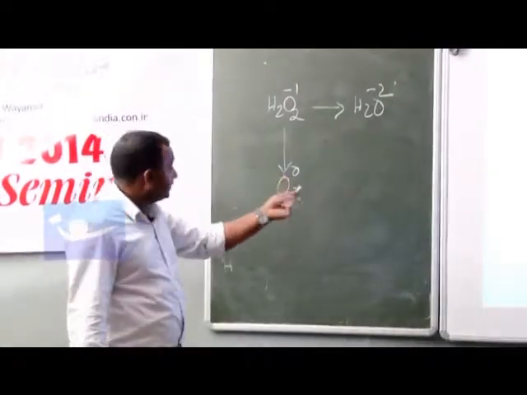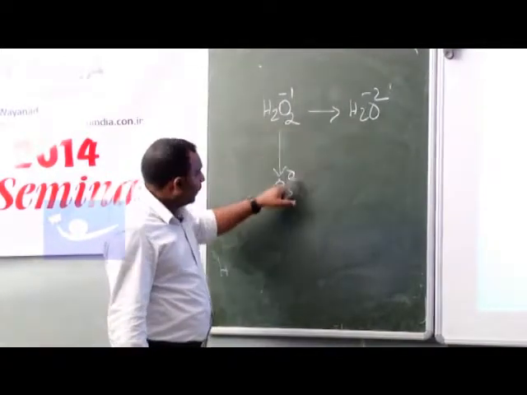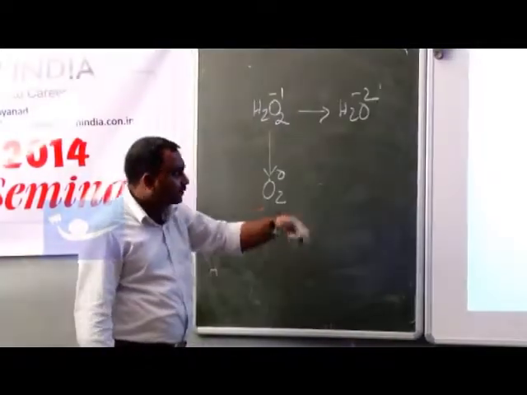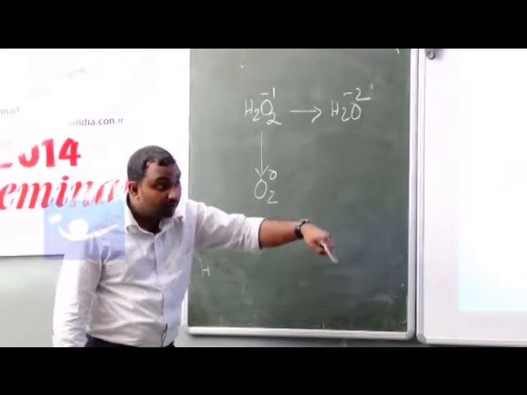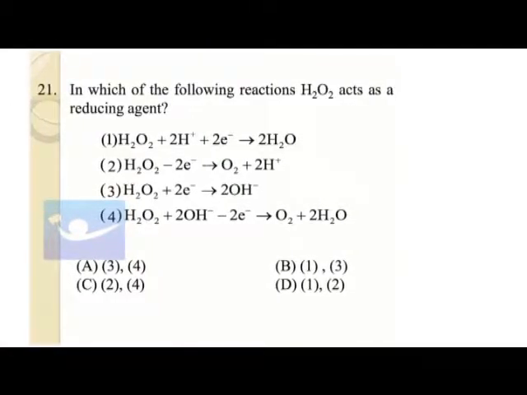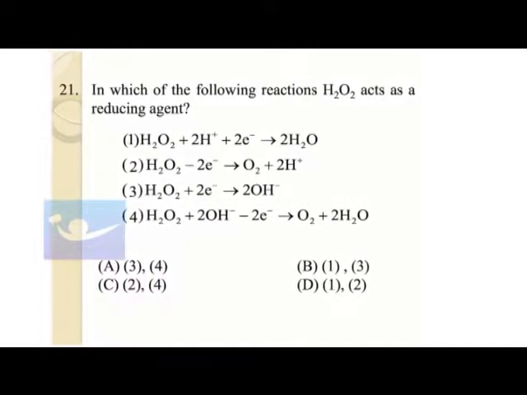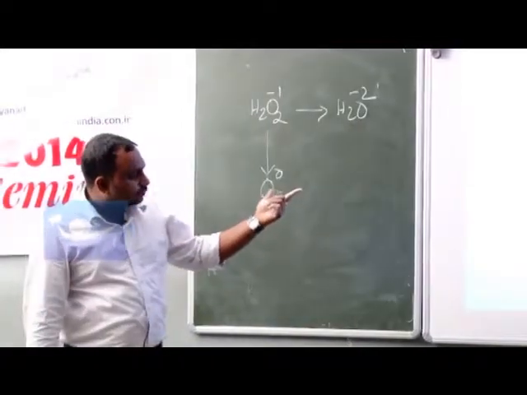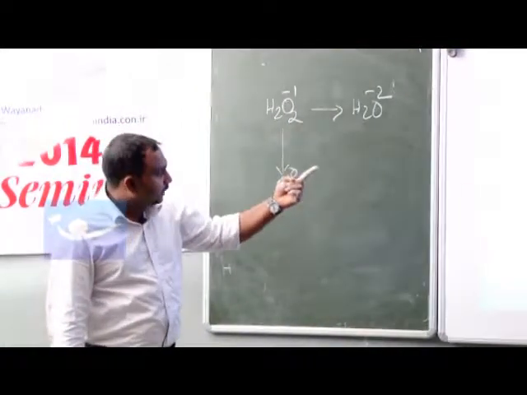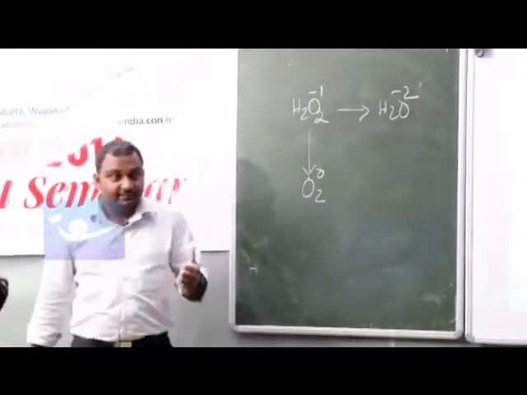In H2O2, oxidation number of oxygen is -1, OH minus again -1, in O2 it is 0, in H2O -2. So both are happening, reduction as well as oxidation. So what is the answer? 2 and 4. Correct option is C.